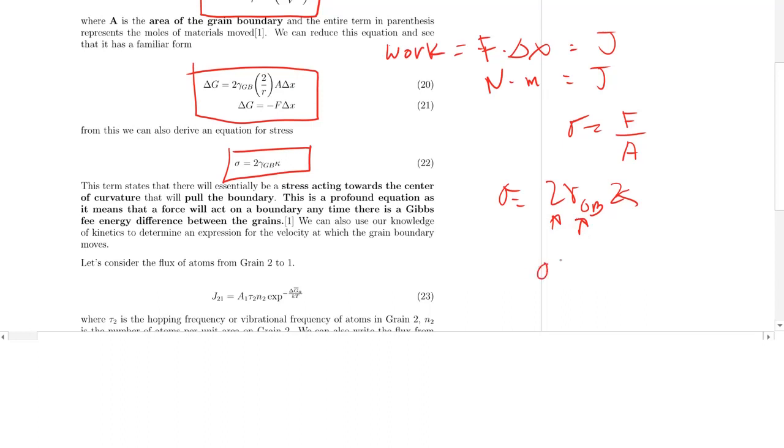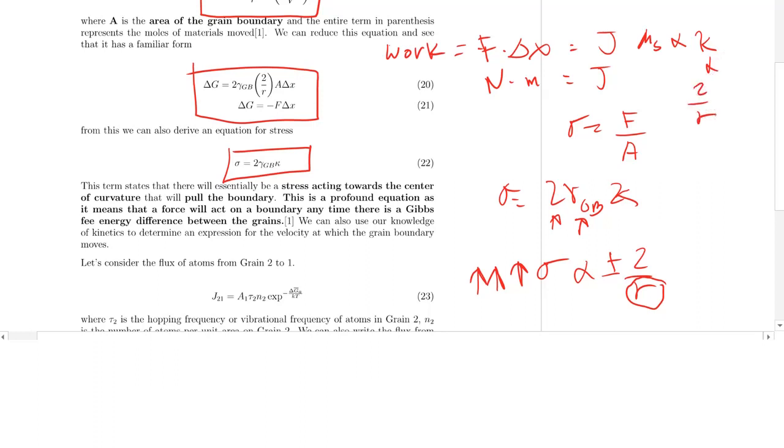So you can see that stress is directly proportional to your curvature, which is either going to be plus or minus 2 over r. As your radius of curvature shrinks, this stress is going to blow up. It is going to increase dramatically. And why is that again? It's the same idea. Our expression for the chemical potential of a sphere is also directly proportional to this curvature, which is 2 over r.